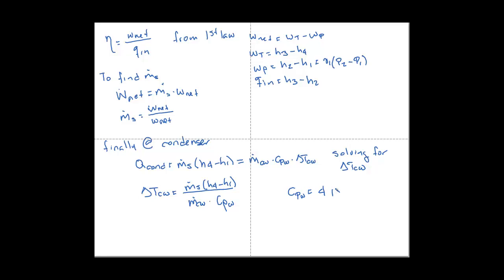And as we mentioned, CP is 4.186 kilojoules per kilogram Kelvin. With this, we already solved our problem. All that's needed is to gather the properties at each state. So that's what we are going to do next.